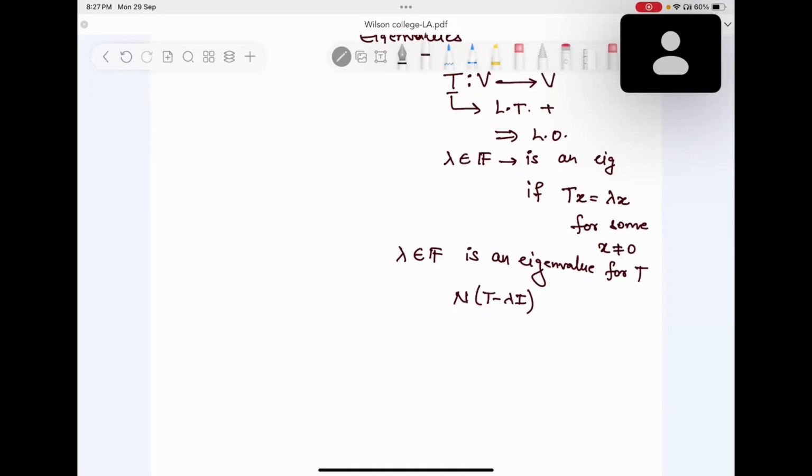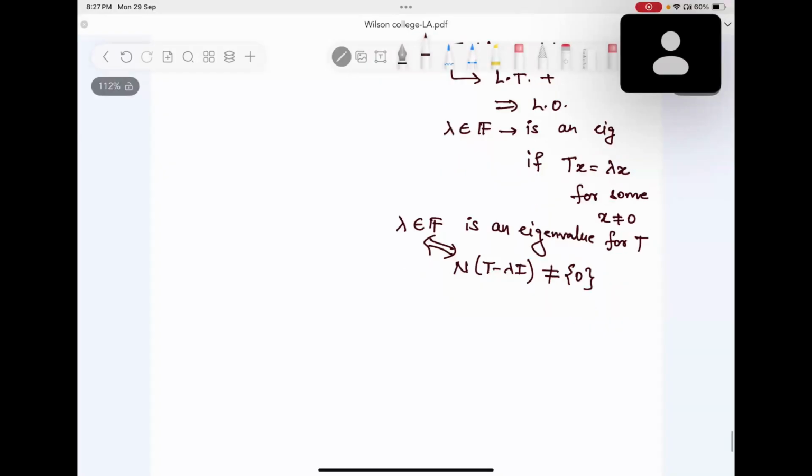The null space of T minus lambda I will never be equal to 0. Even this is if and only if.